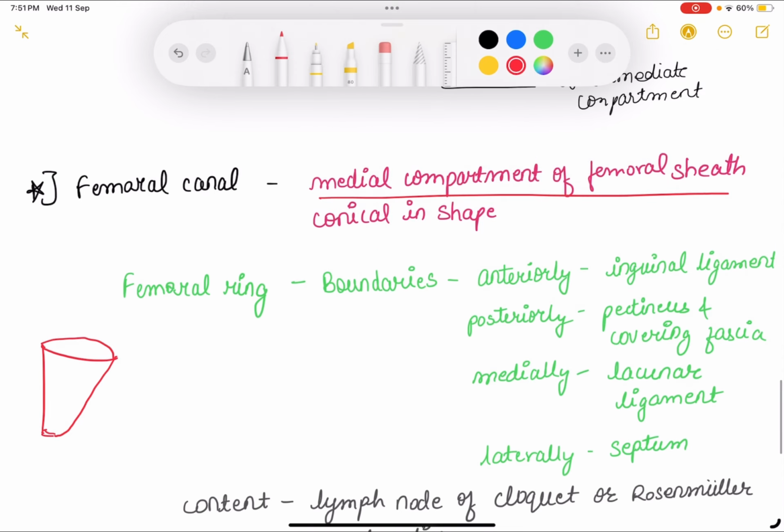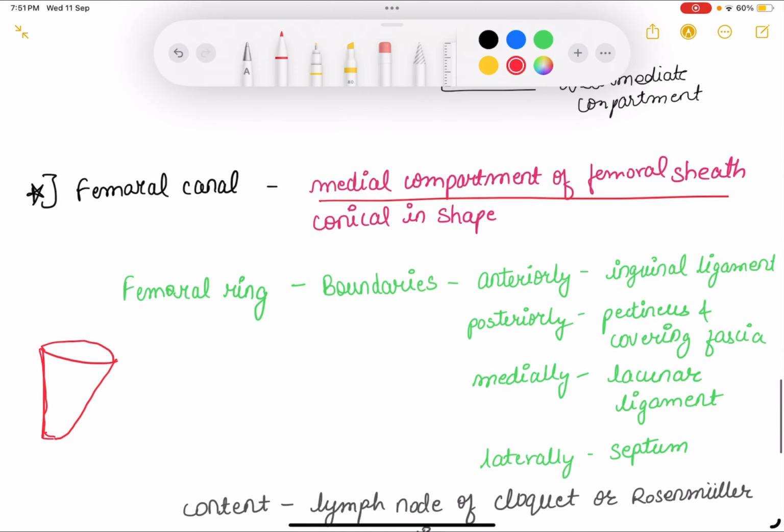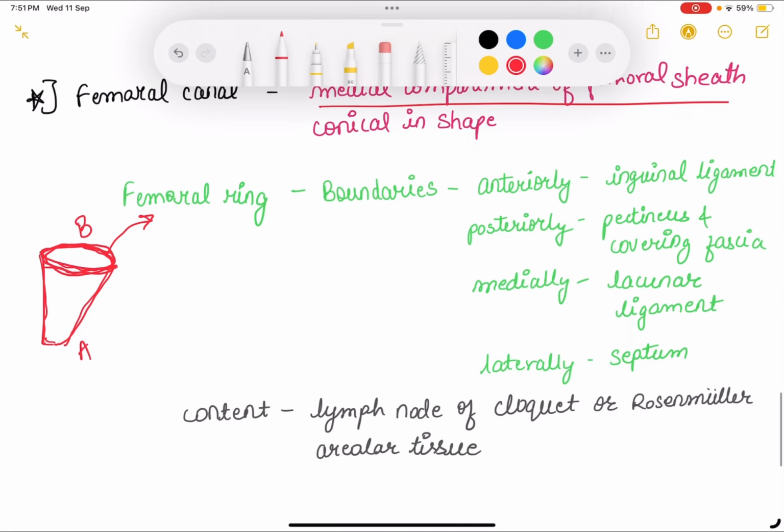As you see, it is conical in shape, right? Therefore it has an apex and it also has a base. As the base is wider, it forms a ring, and this ring is called the femoral ring.